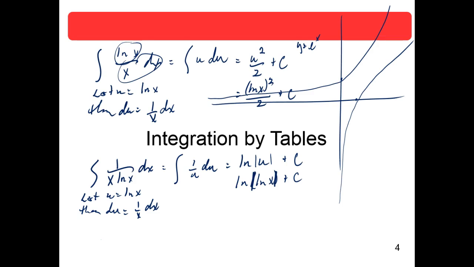And what the log does for you, it takes really big numbers or really, really small numbers and makes them more usable numbers. If you take the log of a big number, like the distance from Earth to Sun is 93 million miles, do that on your calculator.